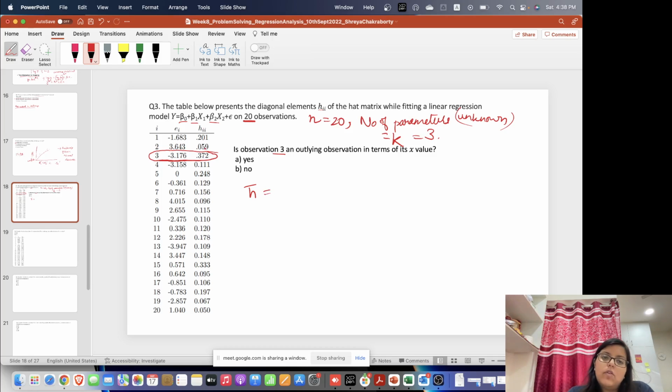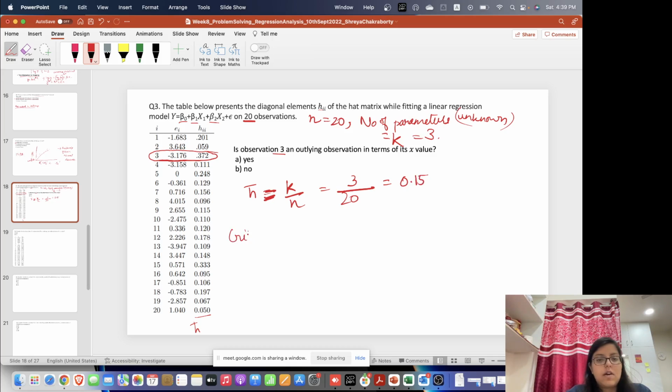We can take a sum from here and get h bar the average, or since we have this value that we have already derived, we'll directly substitute k and n values over here. So we would have 3 by 20, so it would be 0.15.